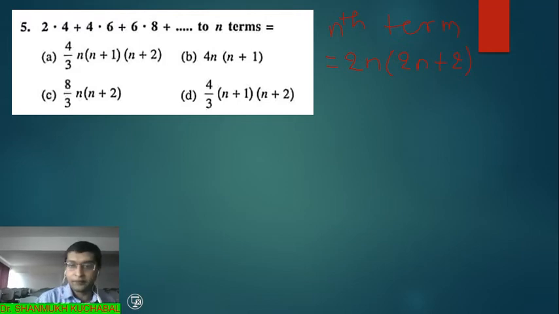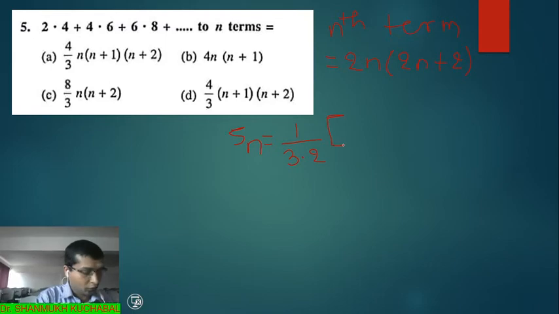Here there is one trick. Using that we will simplify. Sn equal to 1 divided by 3 into 2.